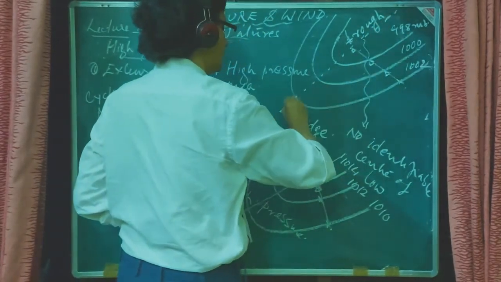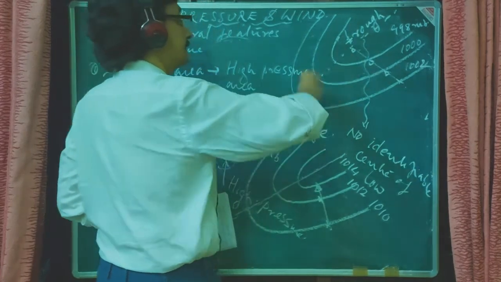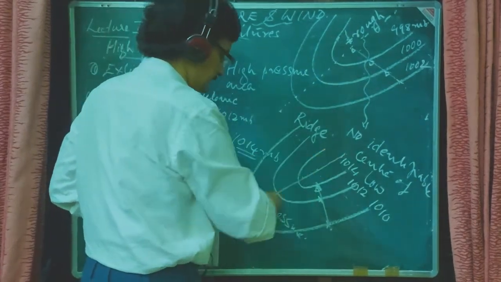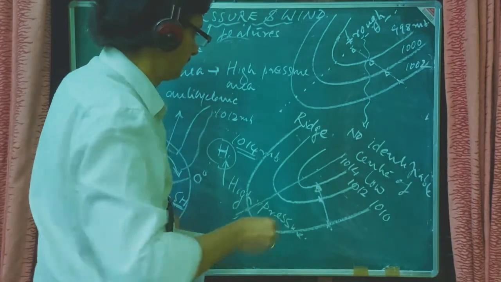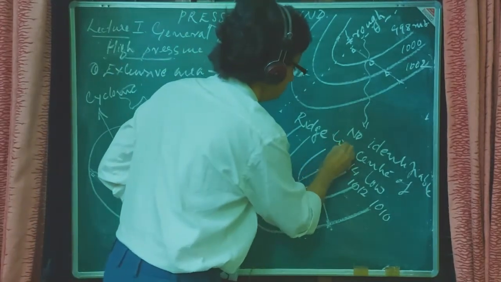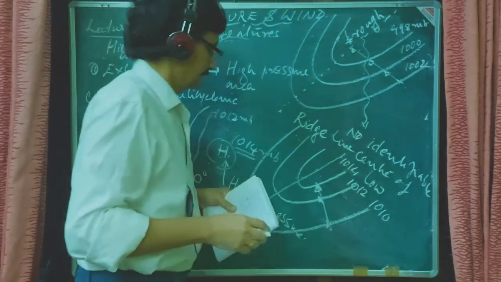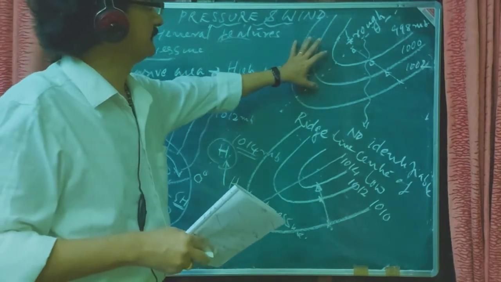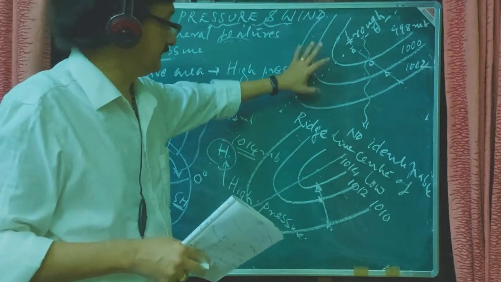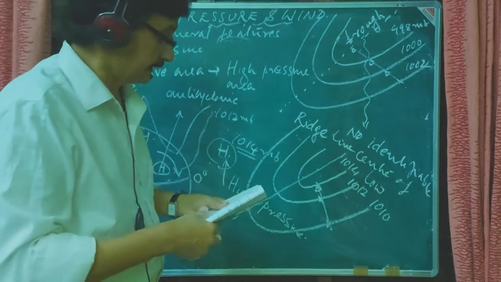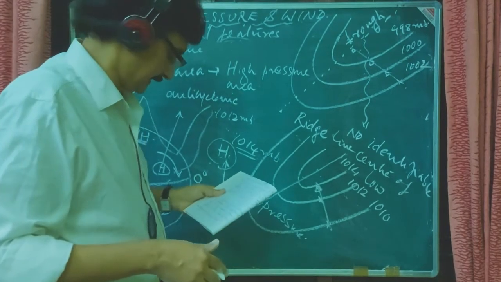Generally the trough line will be shown with a dotted line and a ridge line with a continuous line. So this is the case of a low pressure area, and this is the case of a high pressure area.